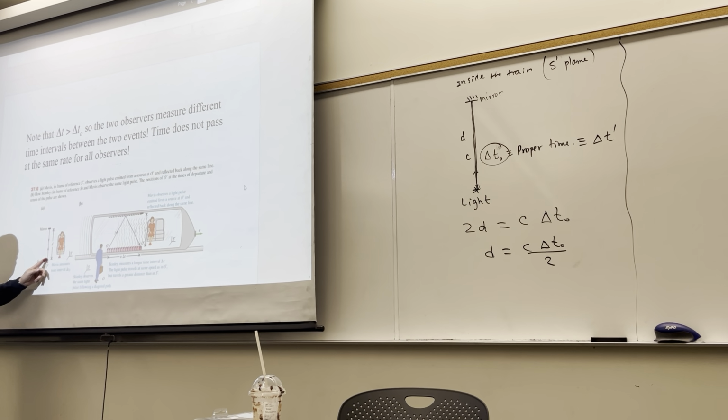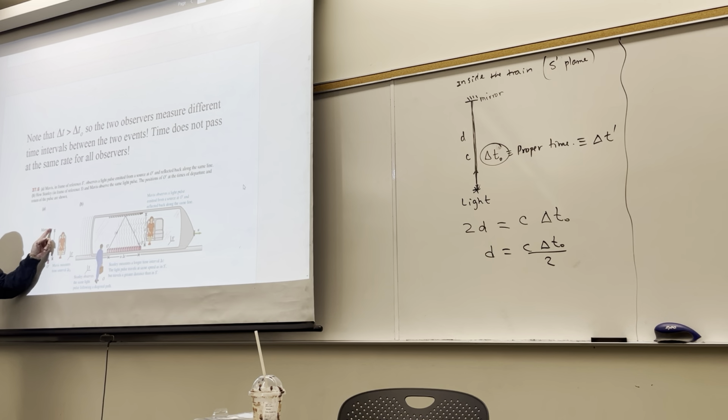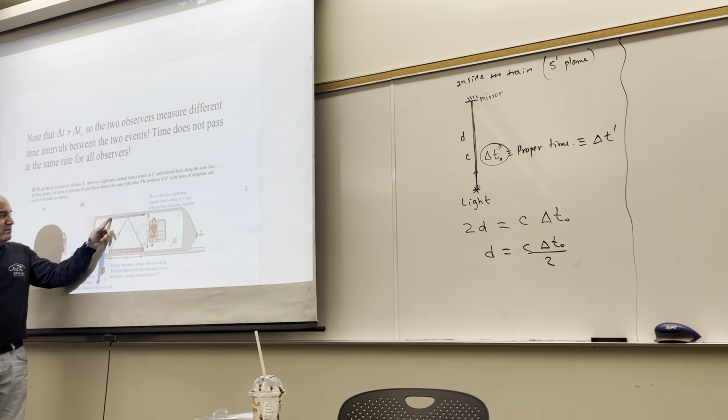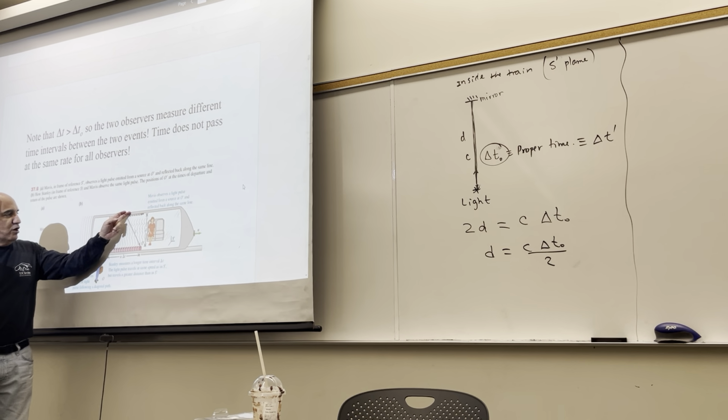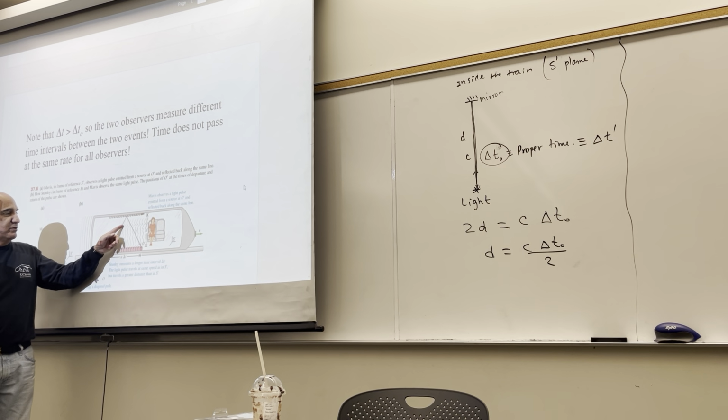As the light traveled to the mirror, the train was moving to the right. So to this person, the mirror is going this way, the laser pointer is moving, so the light in this person's space goes this way and hits the mirror.